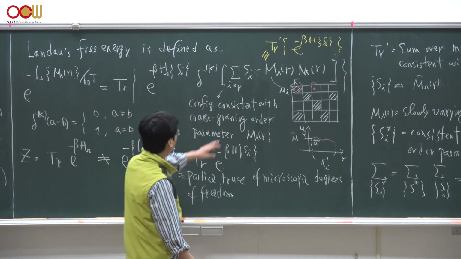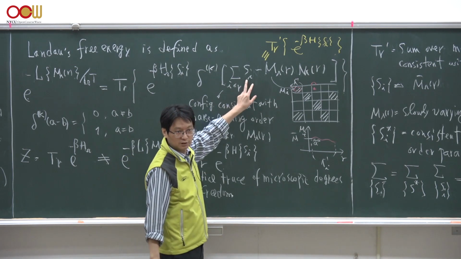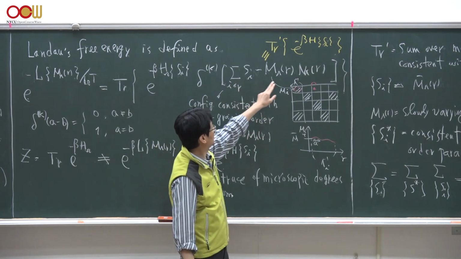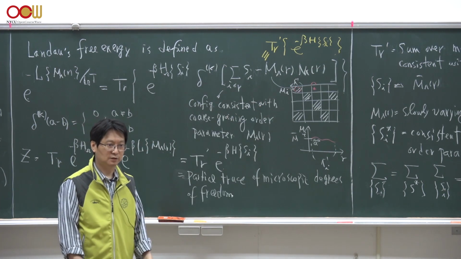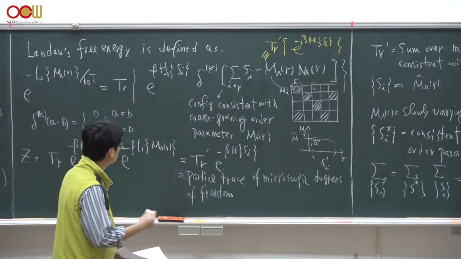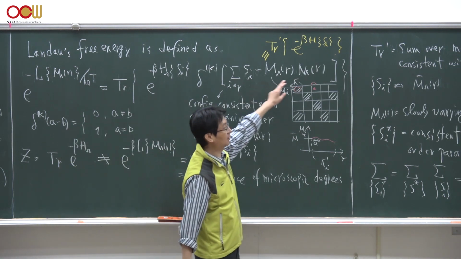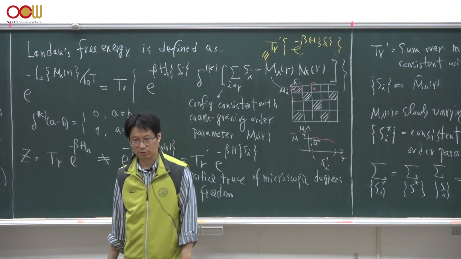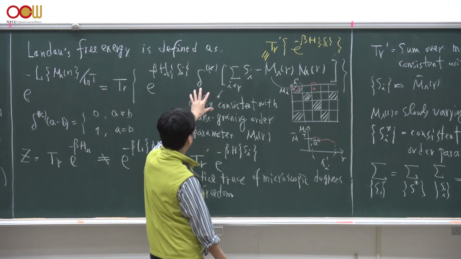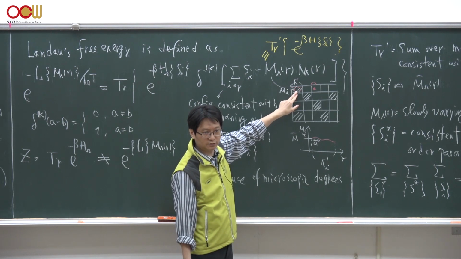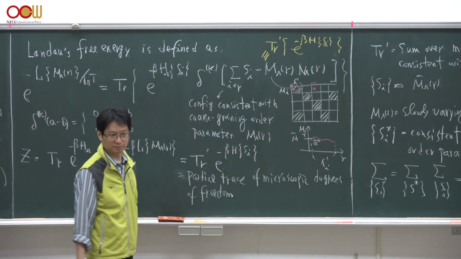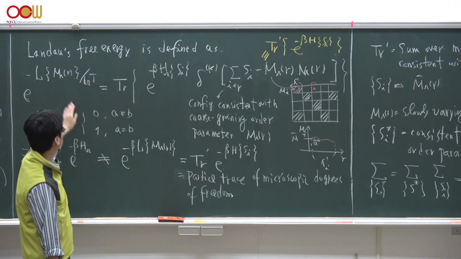Suppose we sum over all the spin moments within such a block. You should get the average value of the magnetization in the entire block multiplied by the number of spins within it. But we only trace over that particular block, and we don't care about the other blocks when we say so.